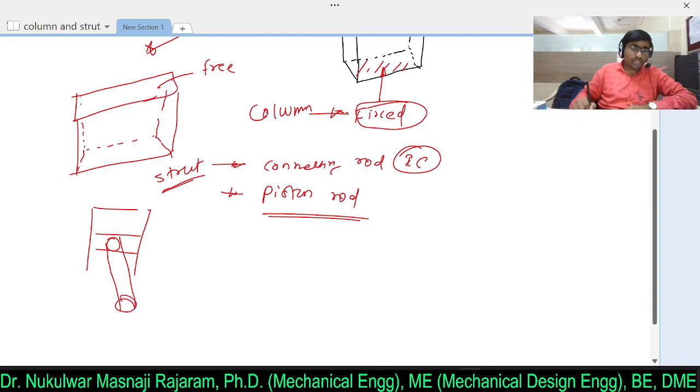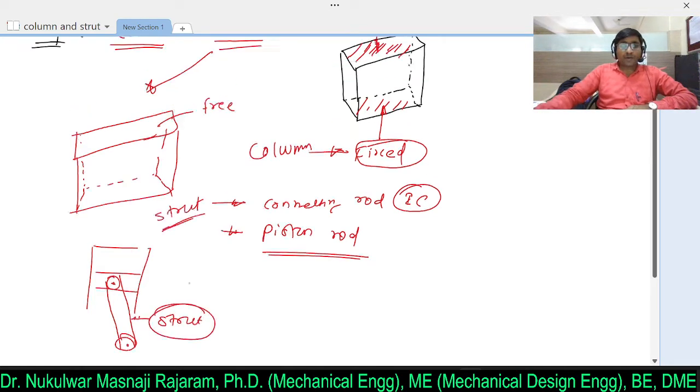Now the connecting rod is fixed over here. Sorry, it's not fixed, it's a pin type joint, and again here you will observe a pin type joint. This member is called a strut.